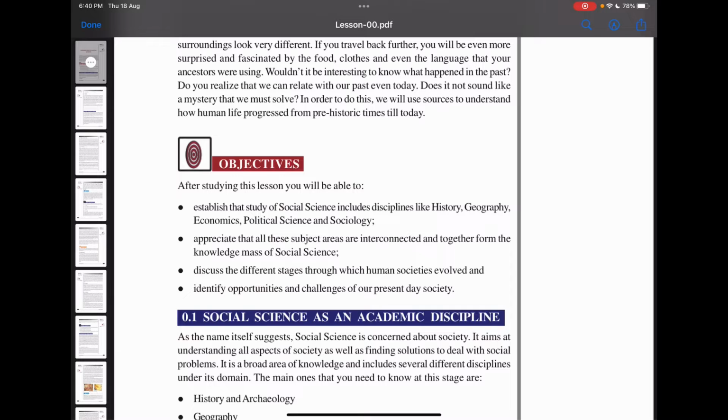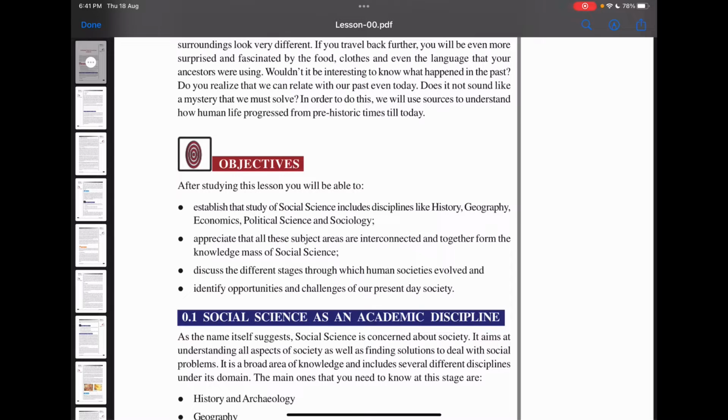That study of social science includes disciplines like history, geography, economics, political science, and sociology. Appreciate that all these subject areas are interconnected and together form the knowledge mass of social science. Discuss the different stages through which human societies evolved and identify opportunities and challenges of a present day society.